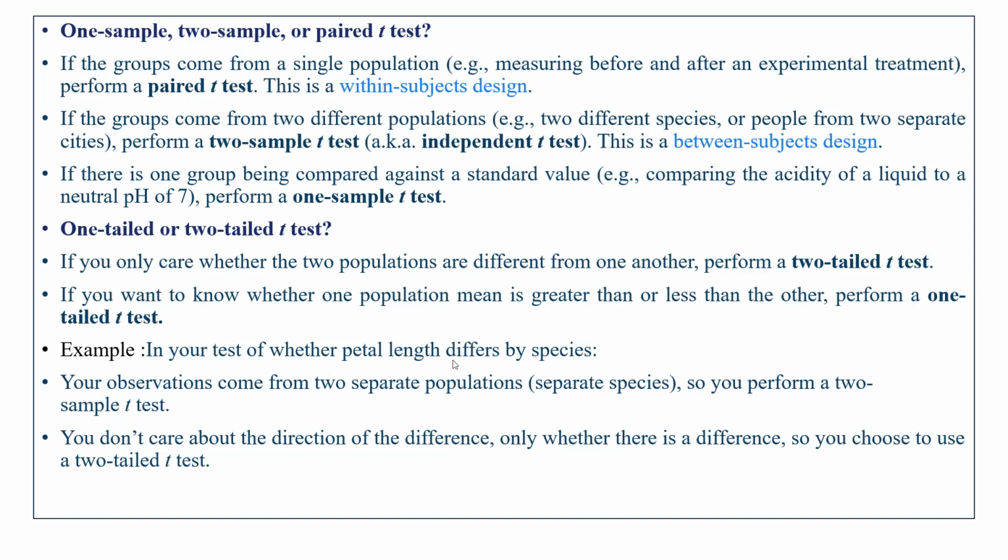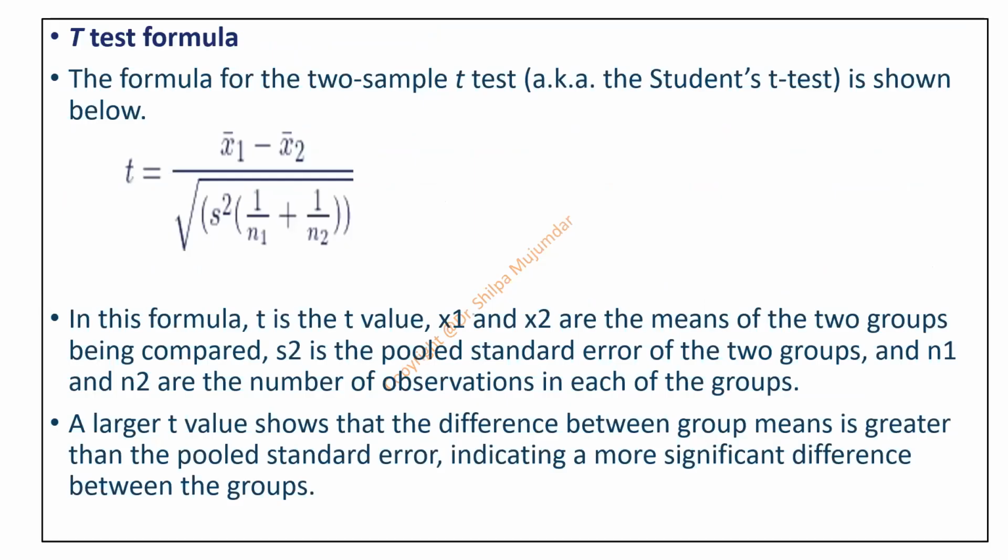Two different species, because even though the plant variety is the same, the species are different. And you don't care about the direction of the difference, only whether there is a difference. So you choose to use the two-tailed t-test. It depends, even in the same experiment, you can try to use different t-tests also.